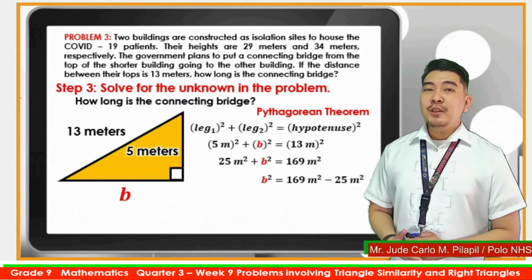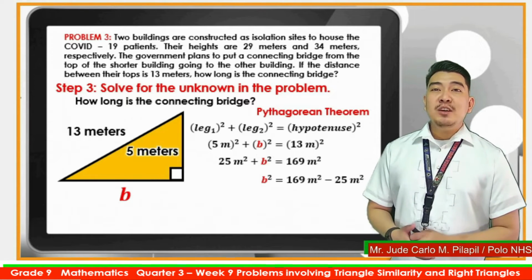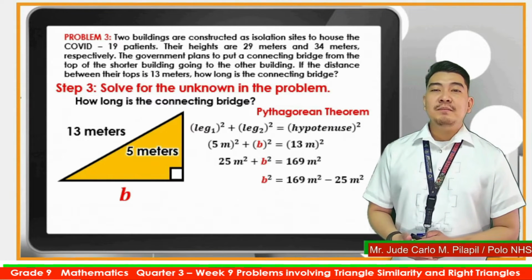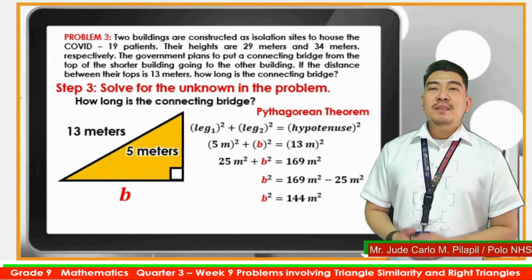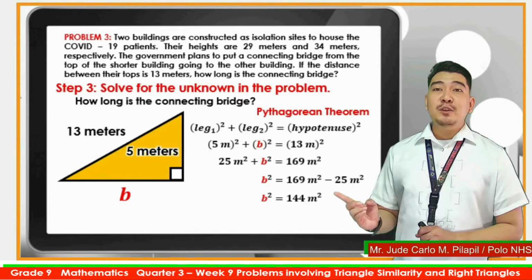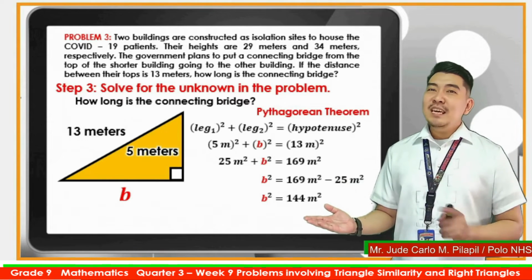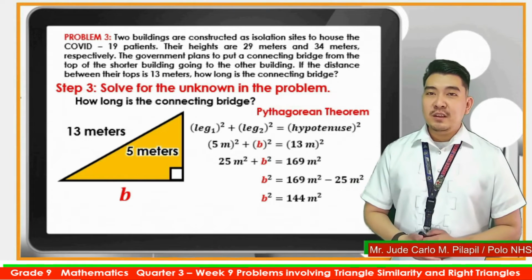Applying the addition property of equality, we add negative 25 square meters to both sides of the equation. Thus, 169 square meters minus 25 square meters is produced. Combining the terms, we now have b squared is equal to 144 square meters.